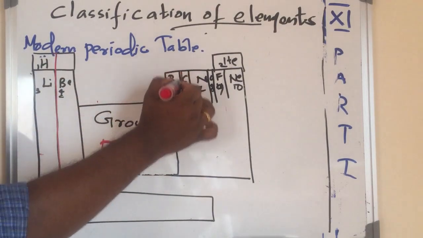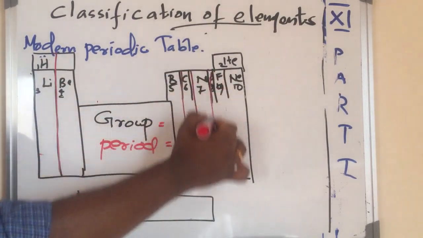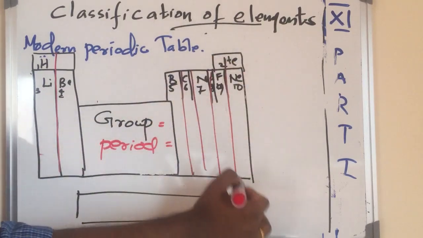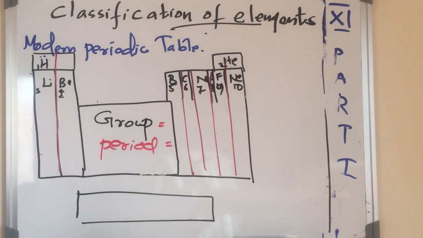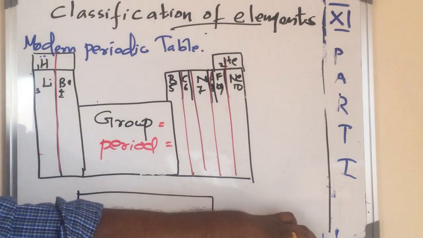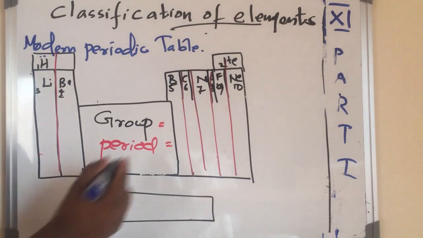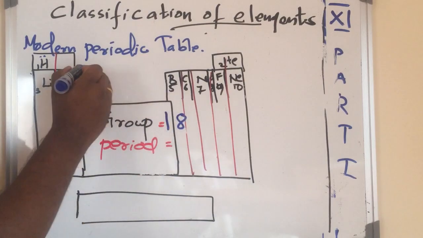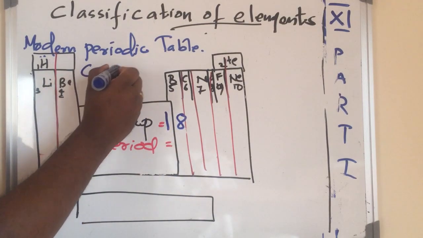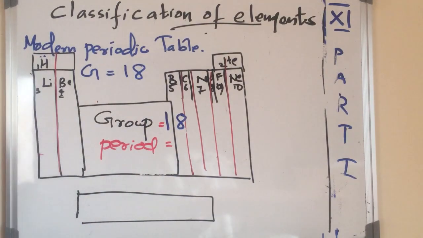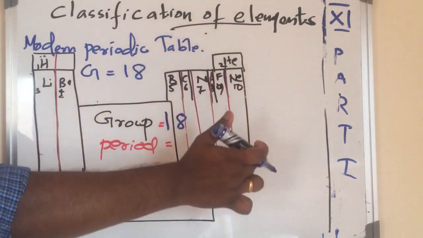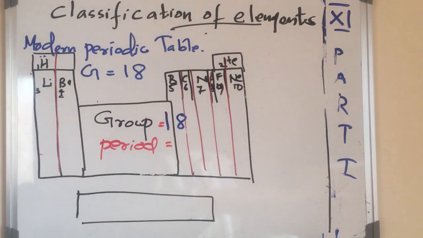Vertical columns are called groups, top to bottom. How many groups in the modern periodic table? In the modern periodic table, there are total 18 groups. Like that, 18 vertical columns are present in the modern periodic table.